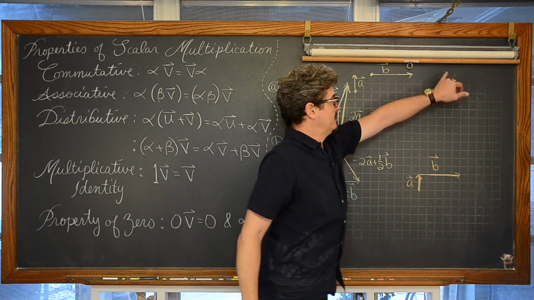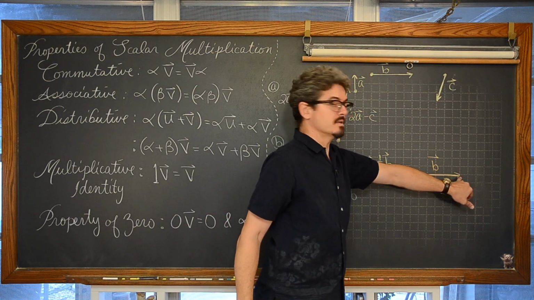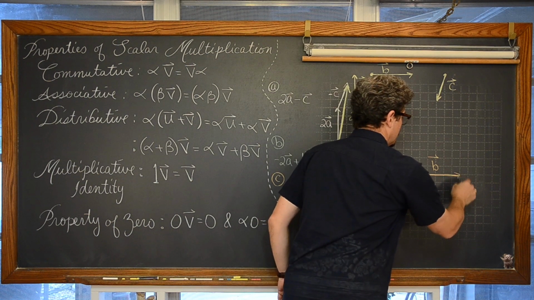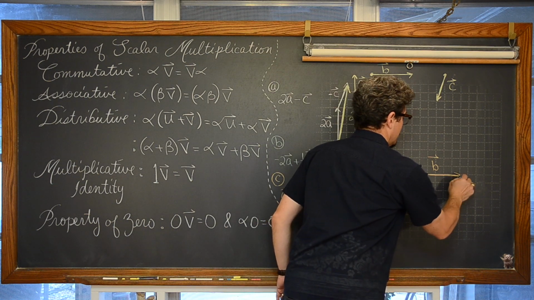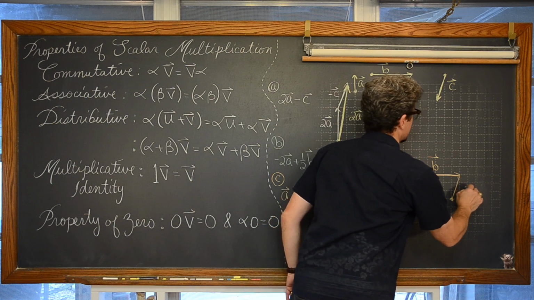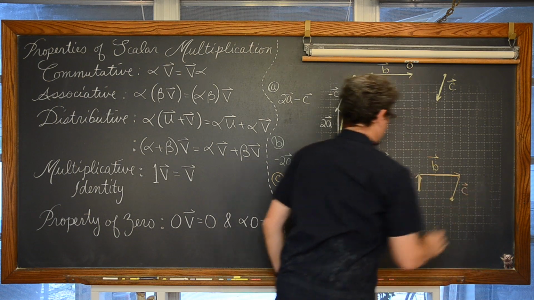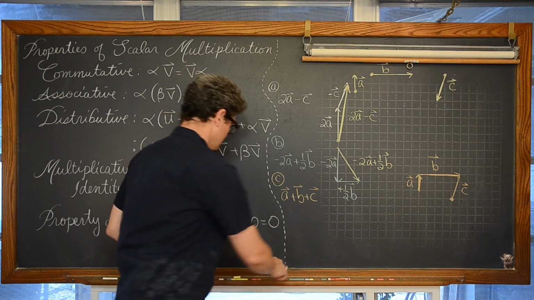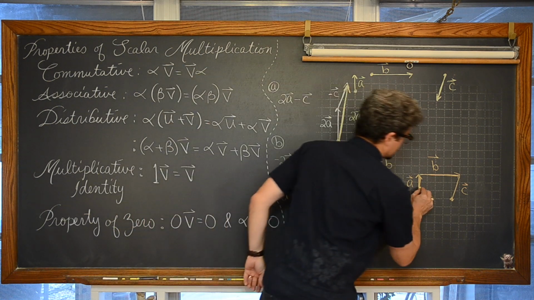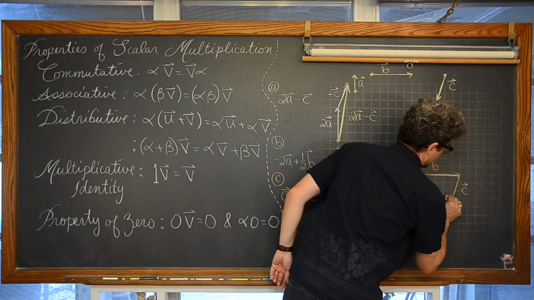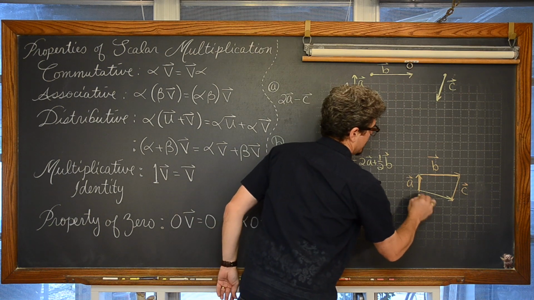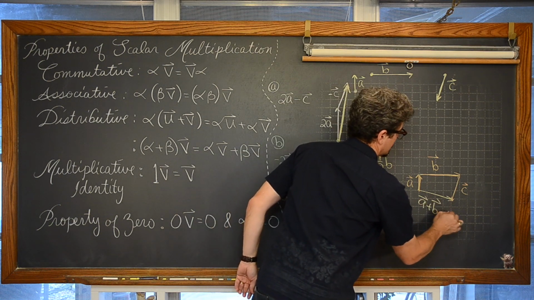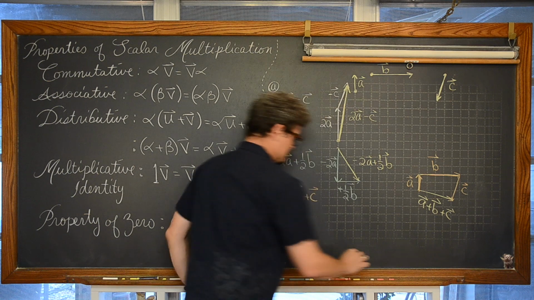So from this initial point to this terminal point, down 3 over 1, is the addition of vector C. These are all positive, so all are going in the same direction, not the opposite direction. And this is the graphical representation of vector A plus vector B plus vector C.